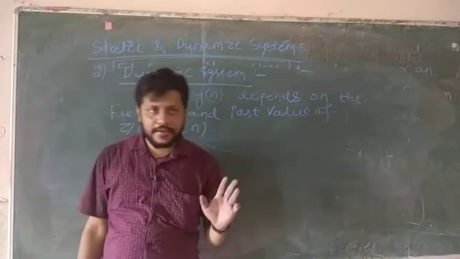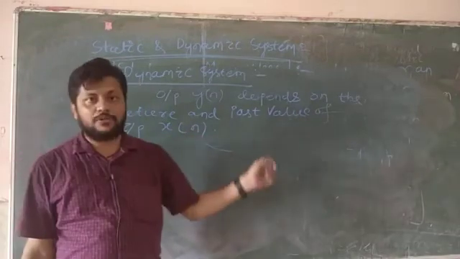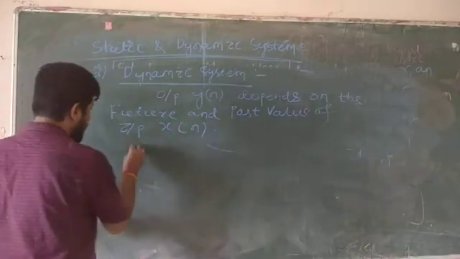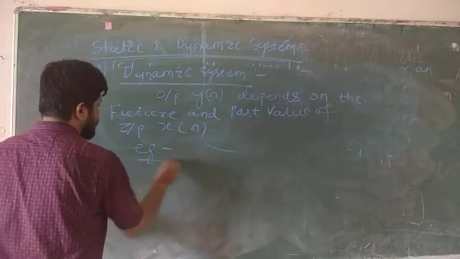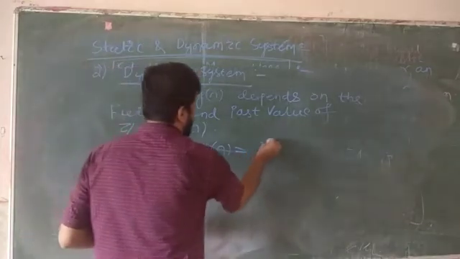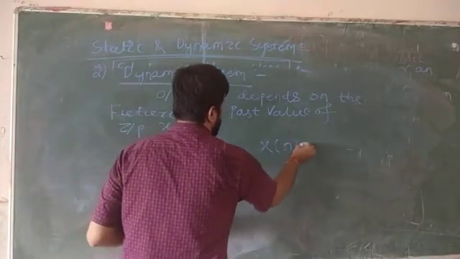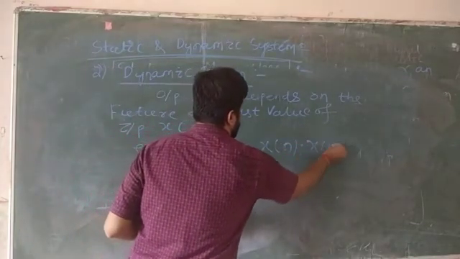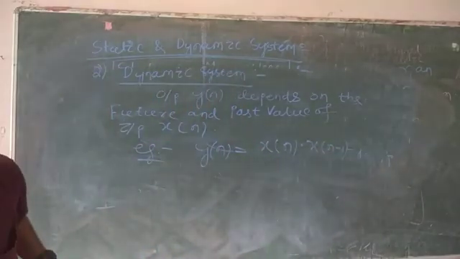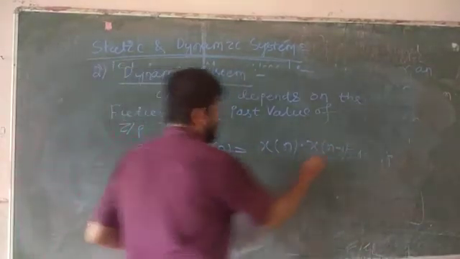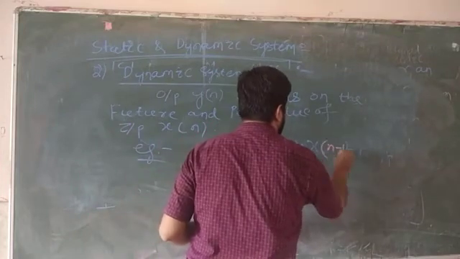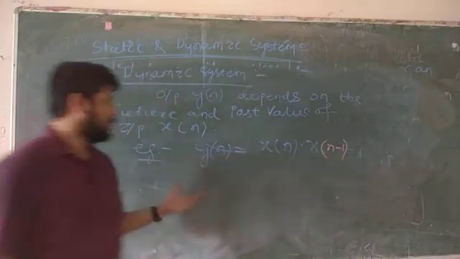If the output depends on the future as well as past value of the input, then that is known as a dynamic system. For example, suppose y of n is equal to x of n into x of n minus 1. How to check?